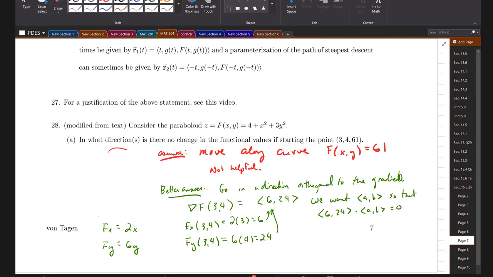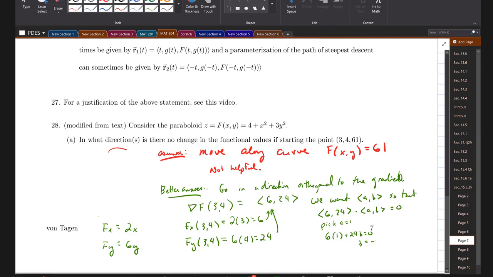So let's pick A equal to 1. And if A is equal to 1, then we'd have 6 times 1 plus 24B needs to be equal to 0. We probably should have picked for B instead. Anyway, we get that B is equal to minus 1/4.